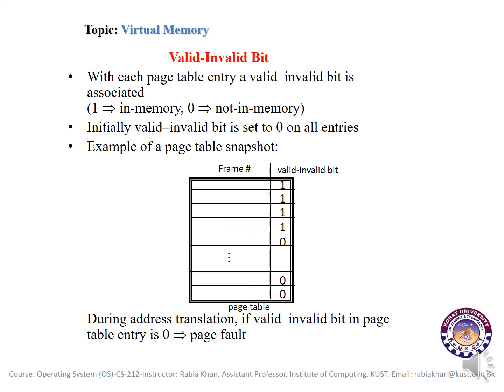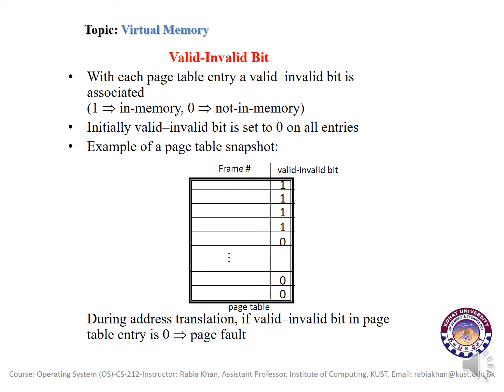We already had discussed valid and invalid bits in the previous chapter. Every entry of the page table has a valid/invalid bit associated with it. Valid is represented as 1, that means the specific page is present in main memory, while the invalid bit is represented as 0, that means the specific page is not present in main memory.